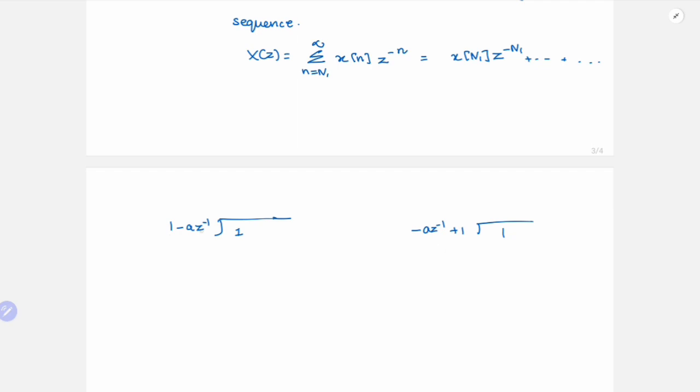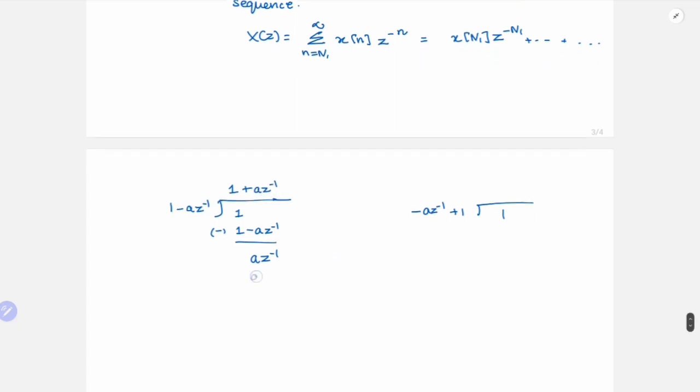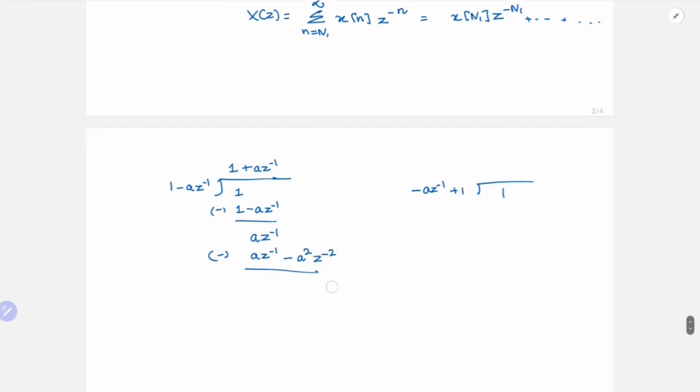Okay. So 1 minus az inverse, and we have 1 here. To cancel that, our quotient will be 1. So we write 1 minus az inverse, and we take a minus sign. This will cancel. You will have az inverse here. Again, to cancel az inverse, I need to multiply by az inverse. So I'll have az inverse minus a square z inverse square. Again a minus sign, this will cancel.